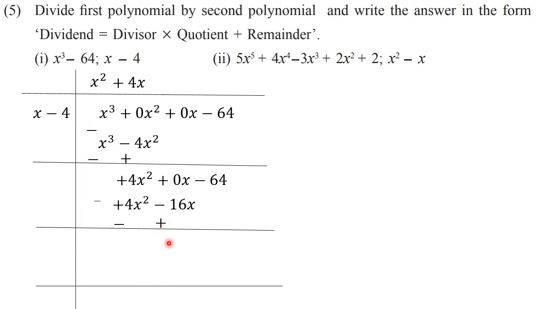So you will get 16x here, and minus 64 is carried forward from the dividend. The last term is taken again. Once again, to get the third term of the quotient, we have to divide this 16x by x. Okay. So when we divide 16x by x, we are going to get 16, which is the third term of the quotient.